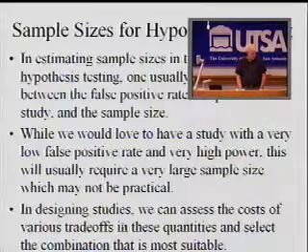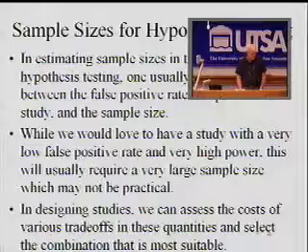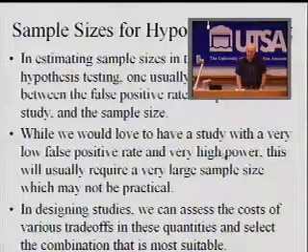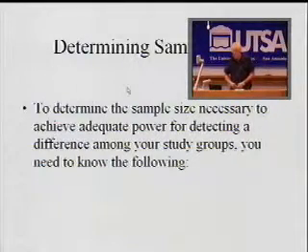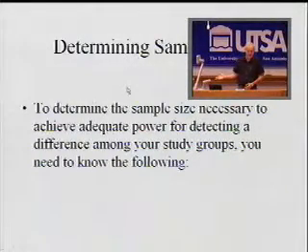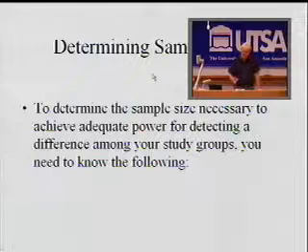So in designing studies, we can assess the costs of various trade-offs in these quantities and select the combination that is most suitable. If you have relatively expensive samples and you propose an N of 1,000 each, obviously the funding agency is going to think that something's up, and you're asking far too much money to perform the experiment than what might be necessary.